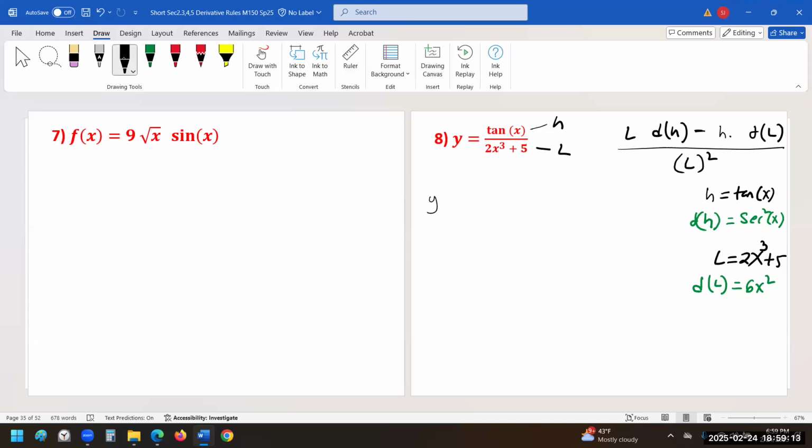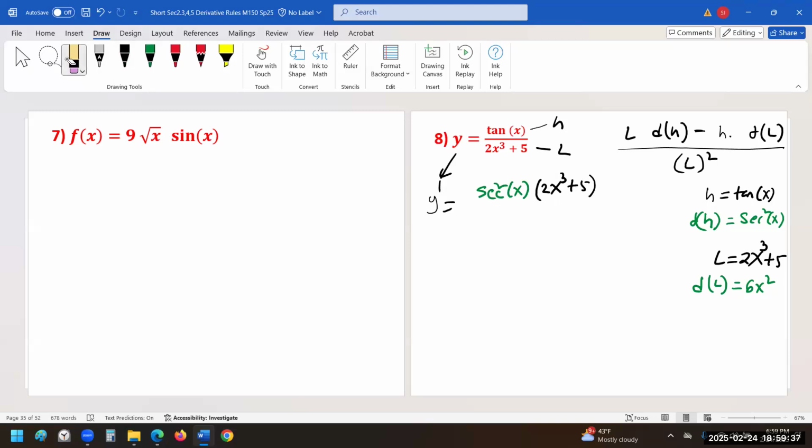So now all we have to do is write the derivative of y, y prime or dy dx, whatever you prefer. And then we take tangent, the derivative of tangent is secant squared x. We multiply by our denominator 2x cubed plus 5.